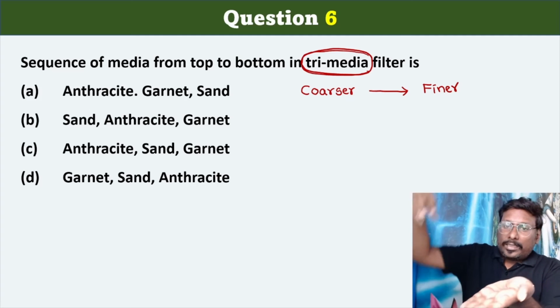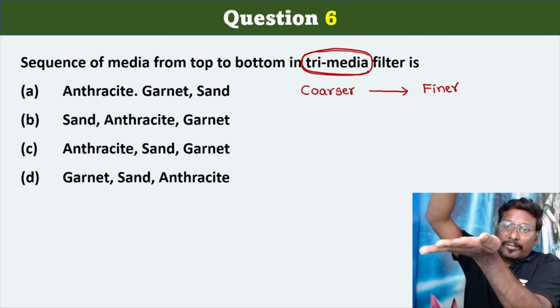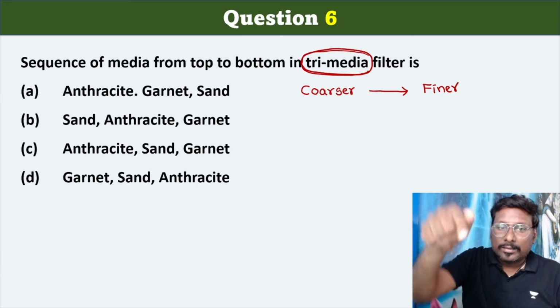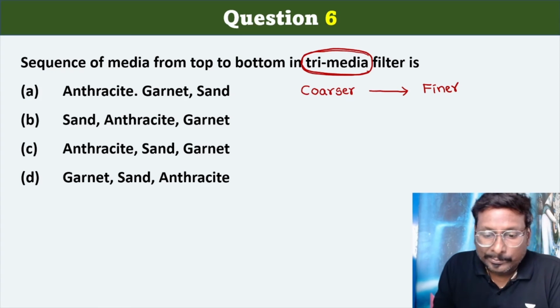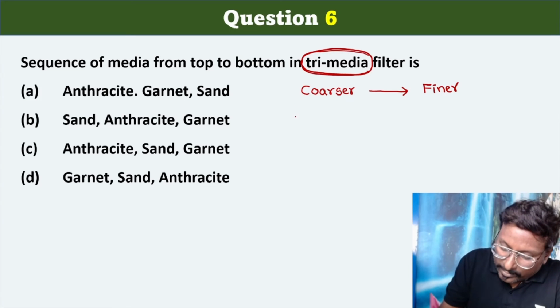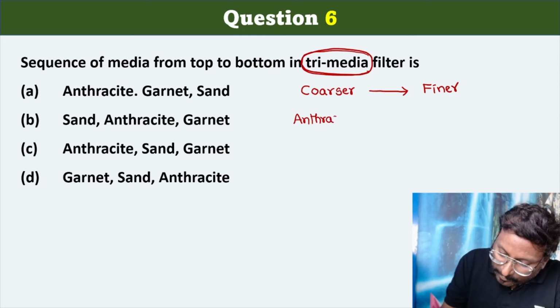Because water directly coming and interacting with the top layer, so top layer must be coarser. What is the coarser one among it? Coarser one is anthracite.